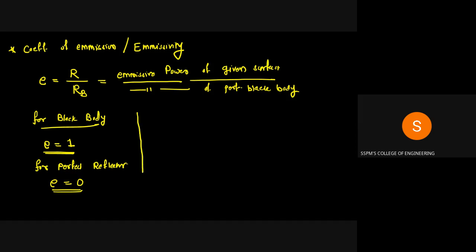And for any other surface which is not a perfectly black body or a perfect reflector, the value of E lies between 0 and 1. Okay, 0 means it is a good reflector, and E equal to 1 means it is the perfectly black body.